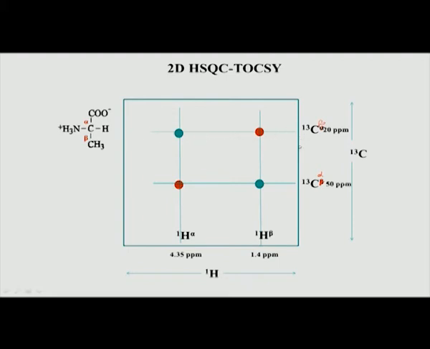We will see examples in a few slides. Similarly, for any other carbon you will again get the same full spin system along that line. So, all the carbons will show all the protons. This is a combination of proton TOCSY with carbon HSQC. Let us see some more examples.